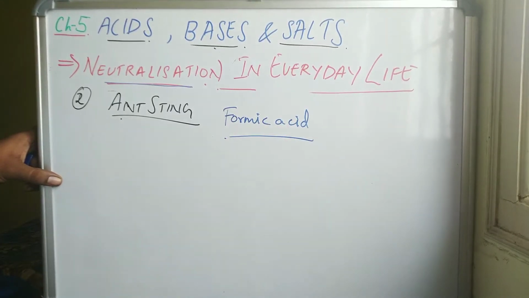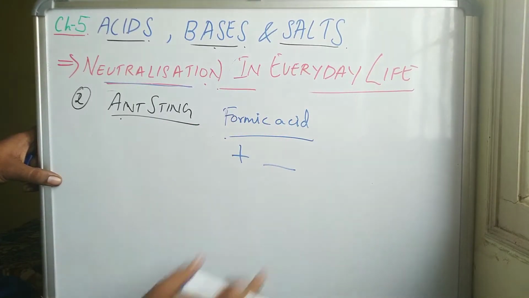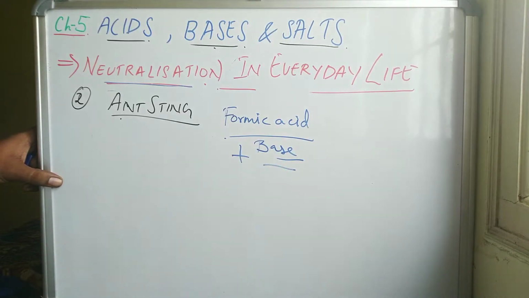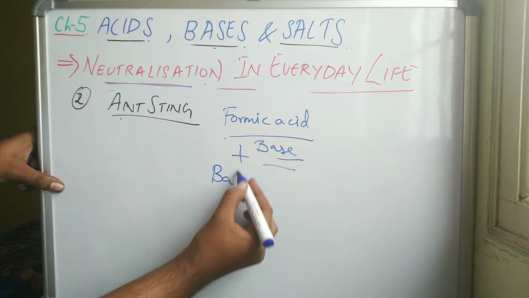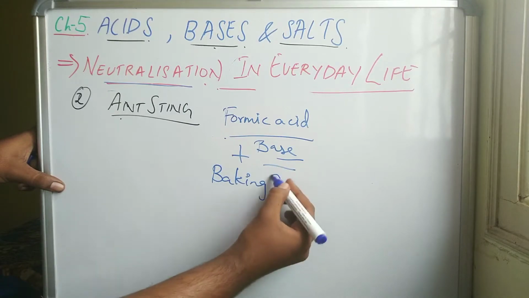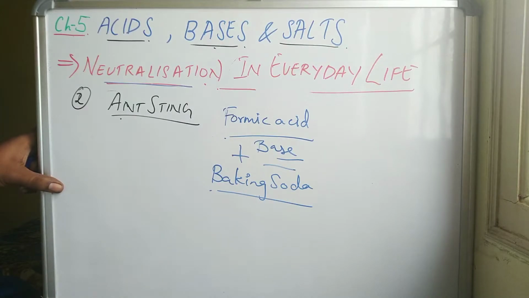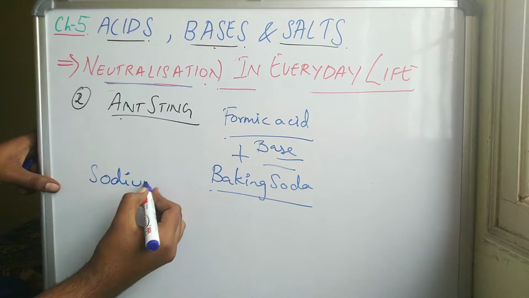So to neutralize this, you have to add a base. What is the base we have to use here? That is nothing but baking soda. Baking soda's chemical name is sodium hydrogen carbonate.